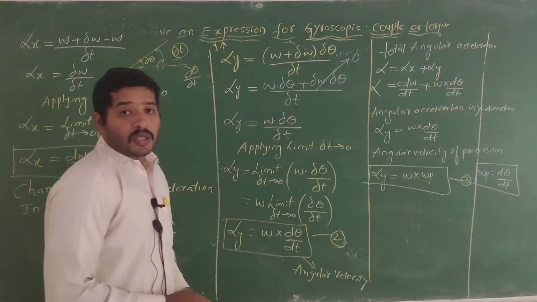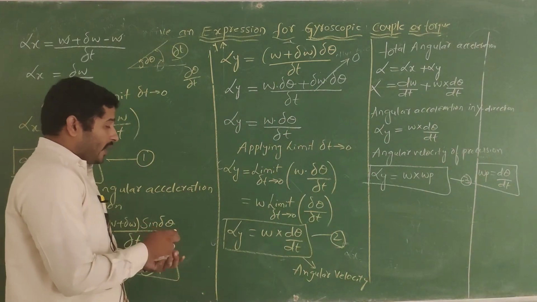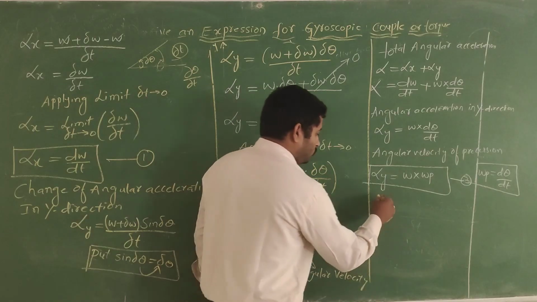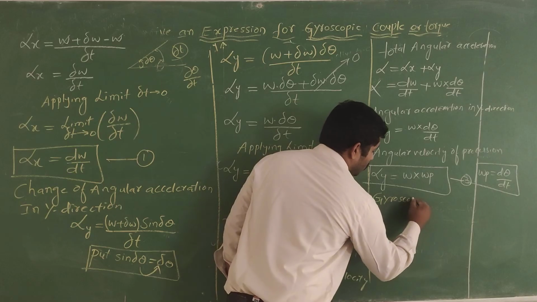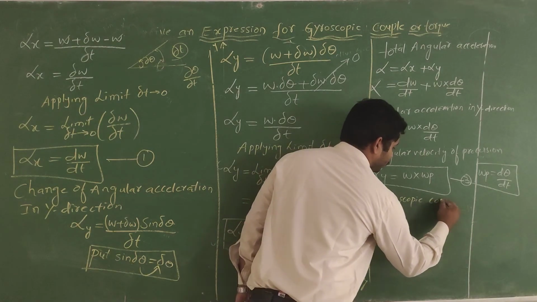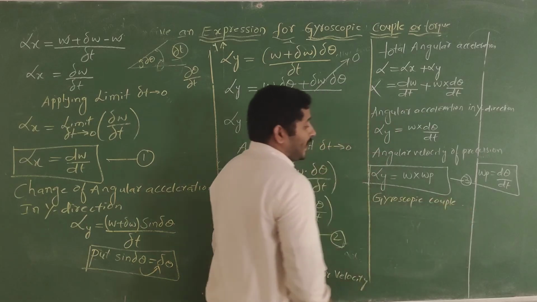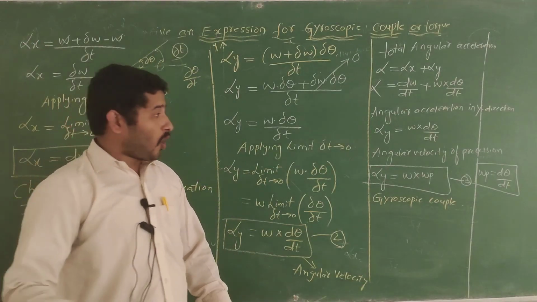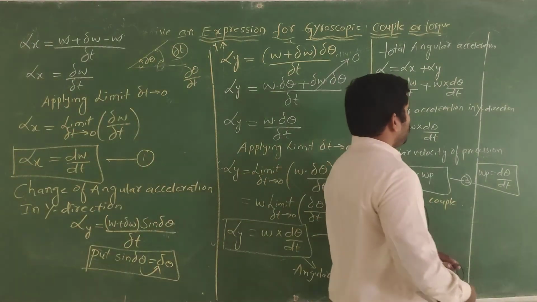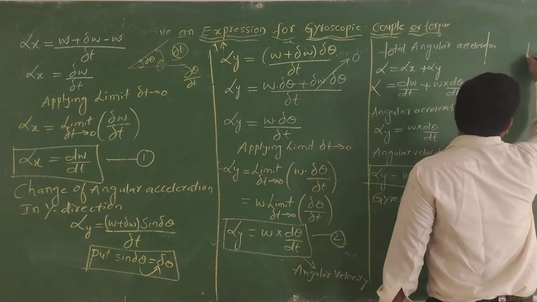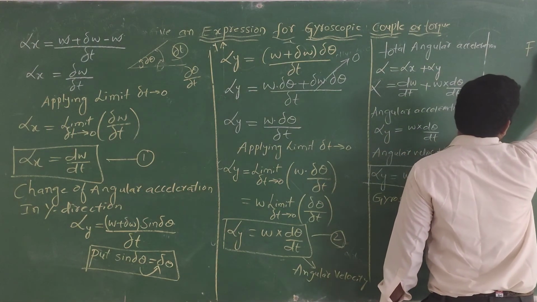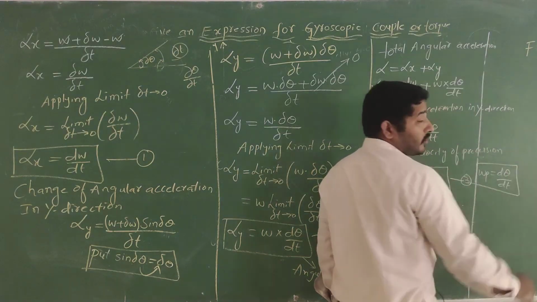Okay dear. So again we need to find out the gyroscopic couple. The gyroscopic couple works on the fundamental of Newton's second law. Newton's second law states that force is equal to the product of mass into acceleration.